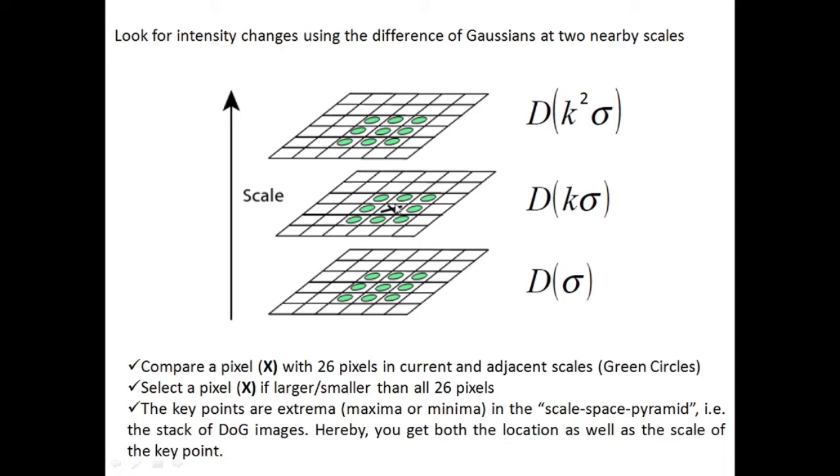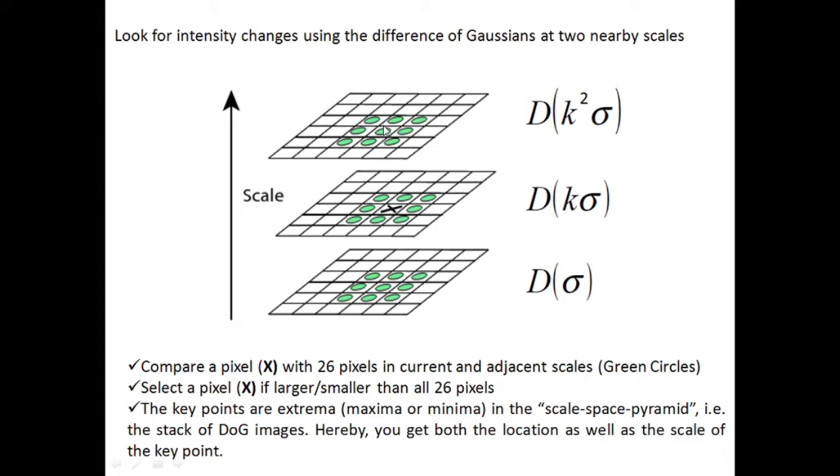This pixel x is surrounded by its neighbors using 8-connectivity, so here I have 8 connections. This pixel is connected with its neighboring pixels, 8 pixels are connected with this x.